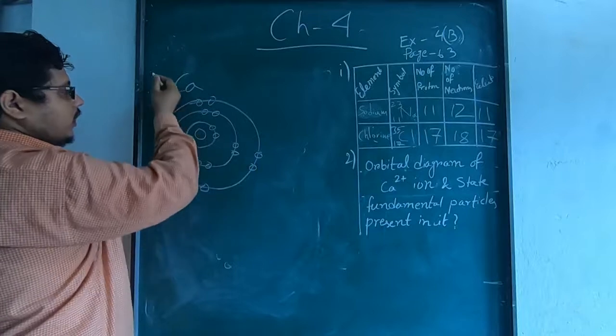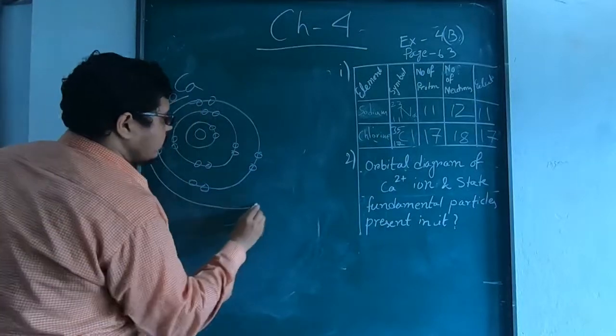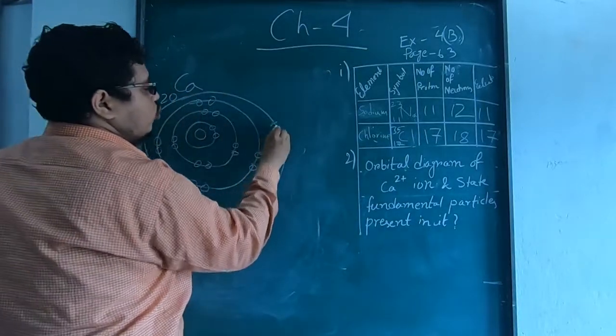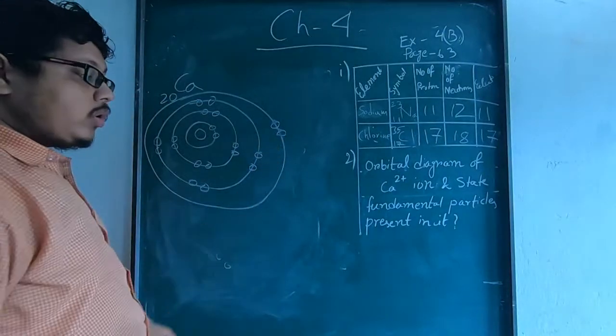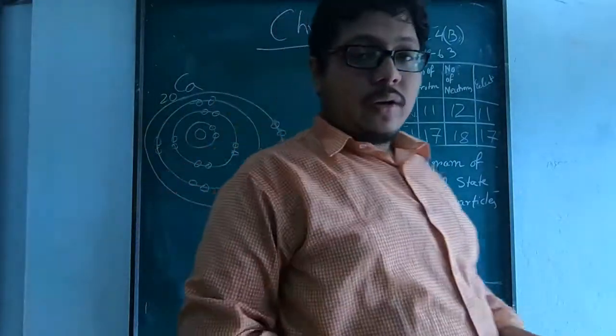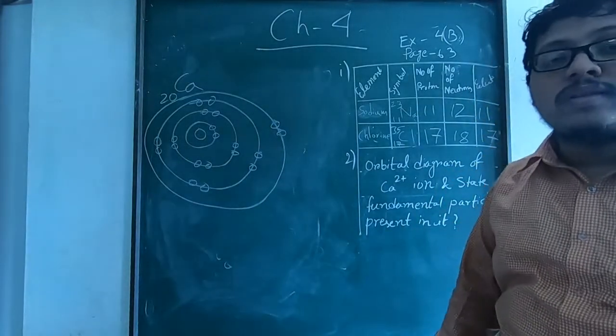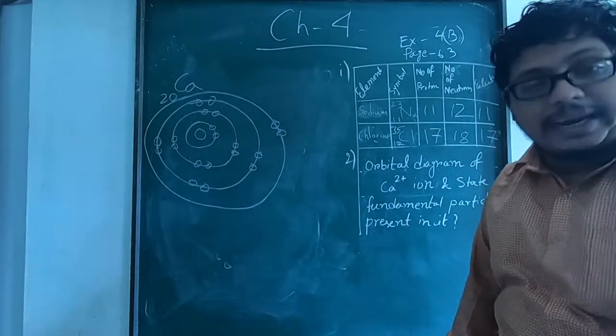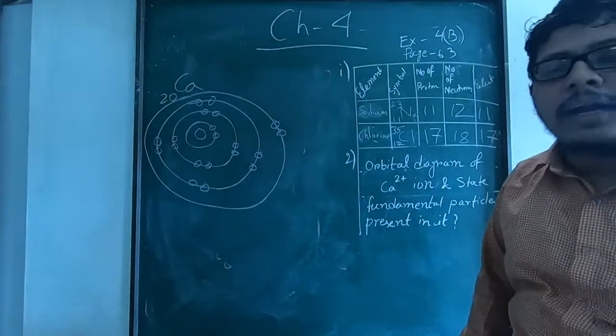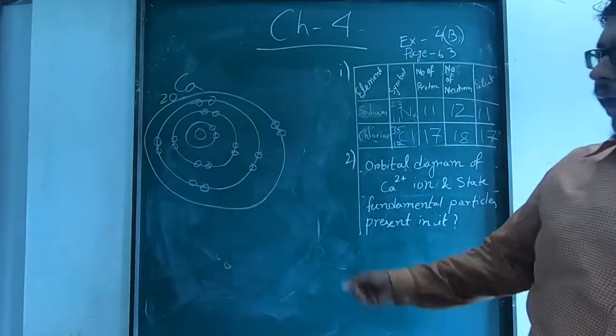I'm just redrawing the calcium one again. And the last shell it was 2. So if we think which is the nearest noble gas to calcium, the nearest noble gas was argon at 18, right?